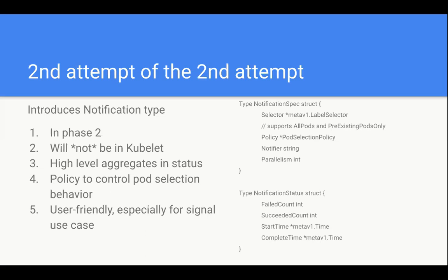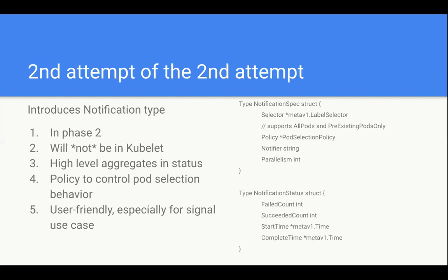One thing is this policy. It defines when the selector should cut the scope. Right now there are two possibilities. One is all pods. Basically, the controller will keep reconciling on this notification object.